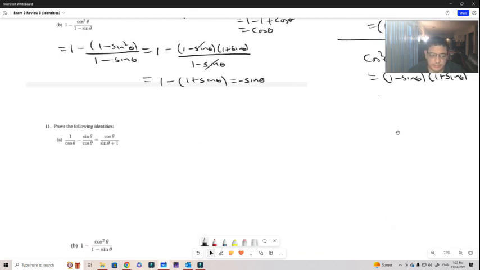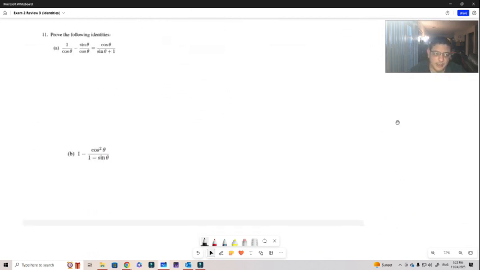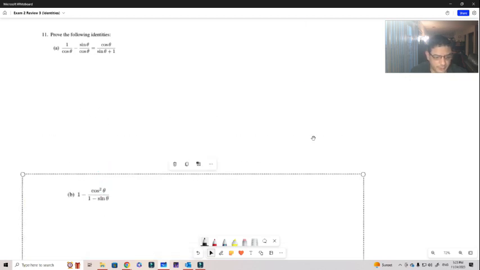So now let's move to actually proving some identities. In this first one, I have 1 minus sine of theta over cosine of theta equals this.